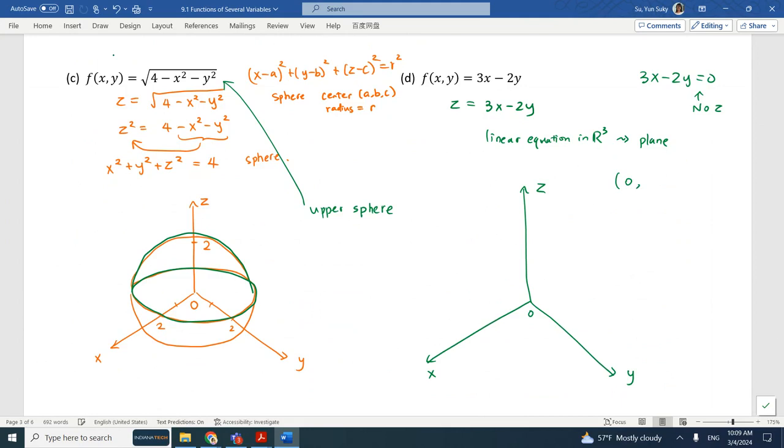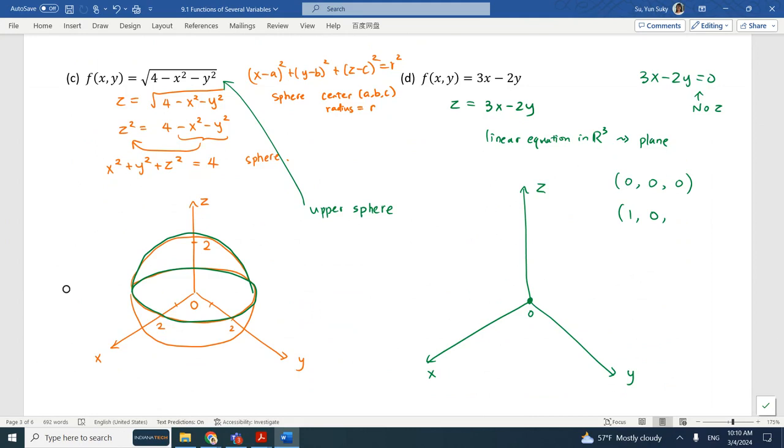If we plug in x is 0 and y is 0, what do we get? The z is also 0. It actually passes through the origin. Yes? Okay, let's do the next one. If I plug in x is 1 and y is 0, what is z? 3.